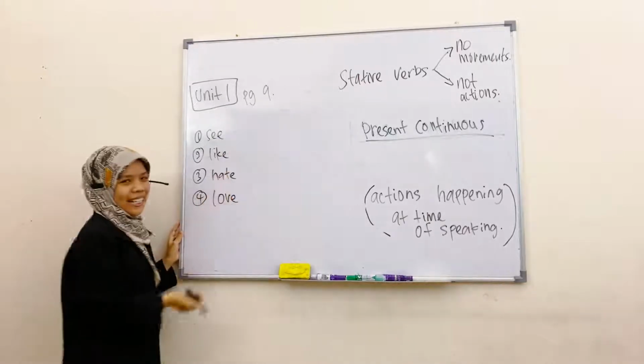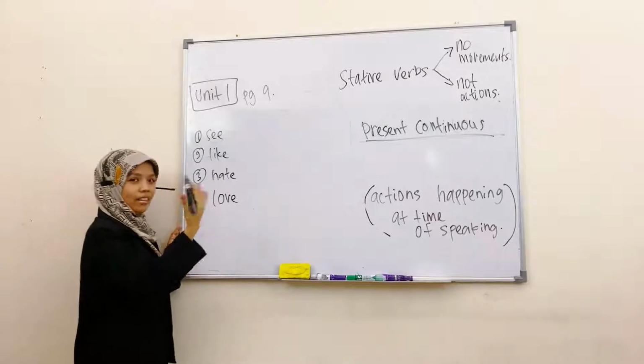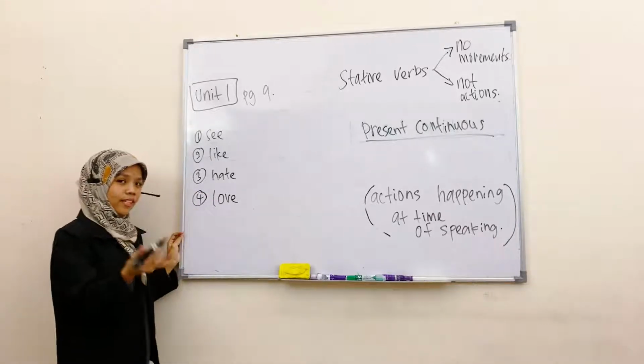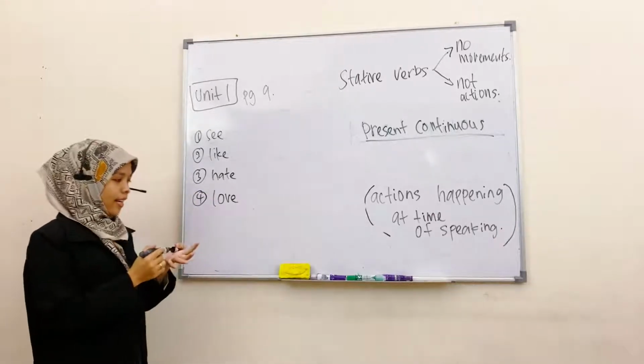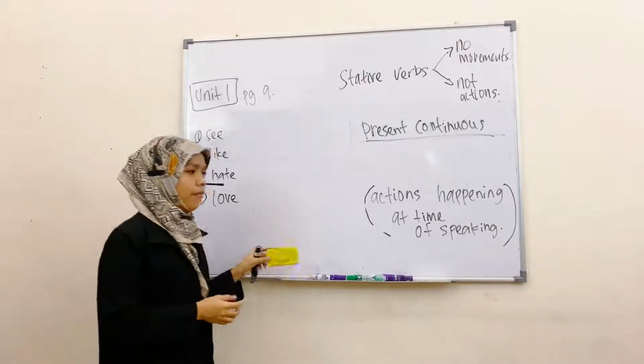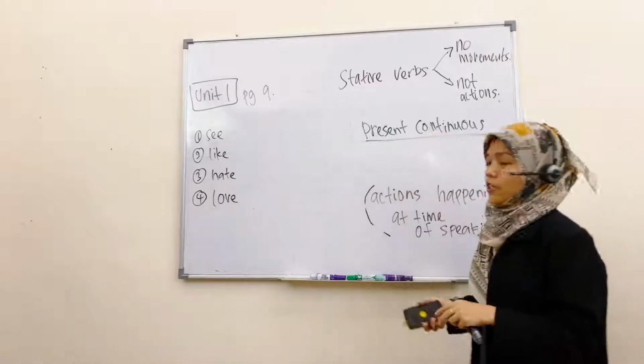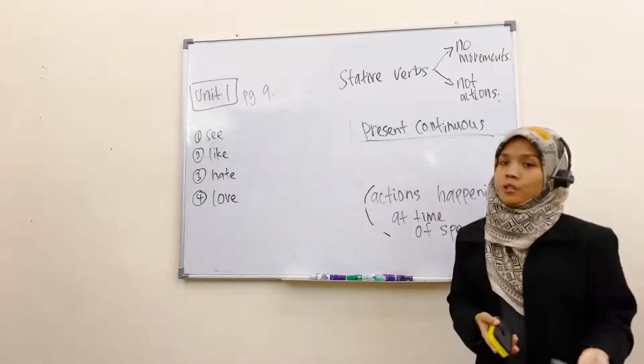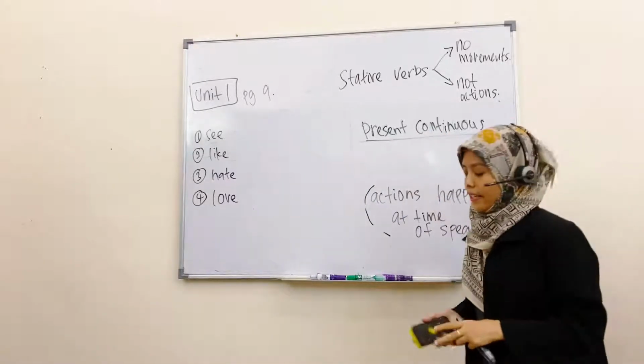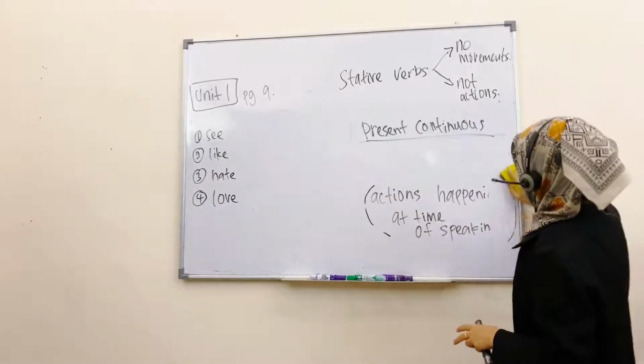It's all about feeling. So she is loving, she is loving him. So cannot use it. Alright? Okay? If you guys have any question, do ask. Okay, inshallah I will reply as soon as possible. Okay? Okay, we are done with that one.